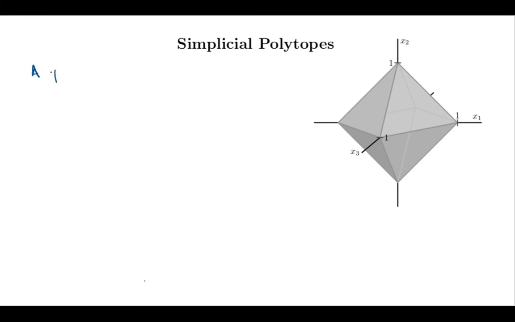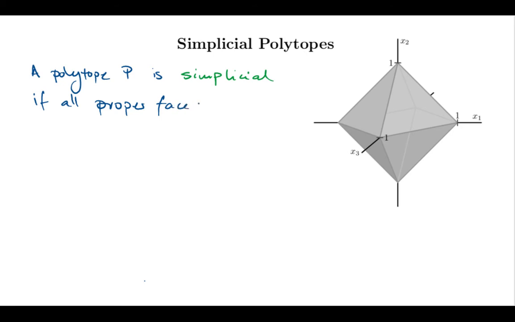So what is this? A polytope P is simplicial if all proper faces of P, so what that means is all faces other than P itself and the empty set, are simplices.